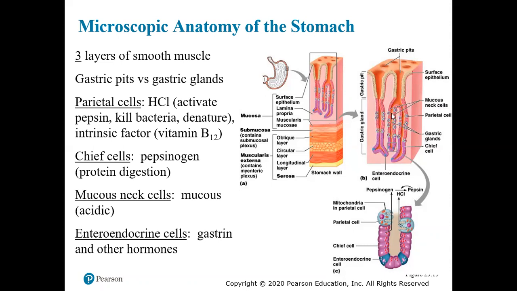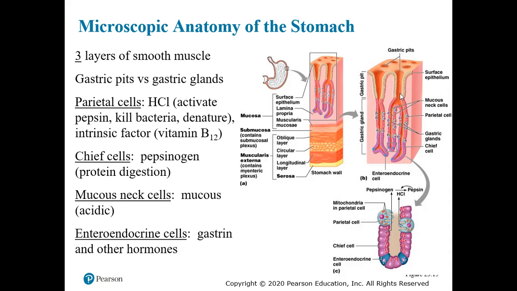Then all of those good secretions are going to gather into this gastric pit and be secreted. The other thing that happens in this gastric pit is these products from all of these glands. Many of them are secreted in peptides that need to be clipped to become activated.